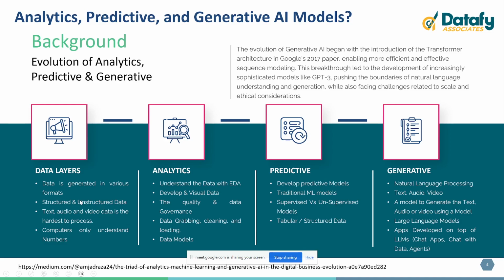In this slide we are going to learn what path, or what sort of steps, someone should take to come up with generative AI applications. To give you the background, the first layer is the data layer, where we have to grab the data, clean the data, and store it in structured and unstructured formats. Data can be in the form of text, audio, video, and many other formats.